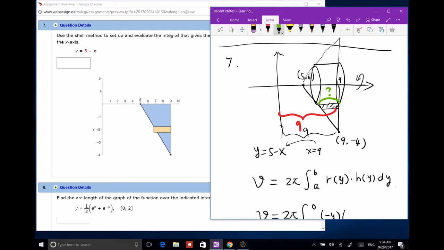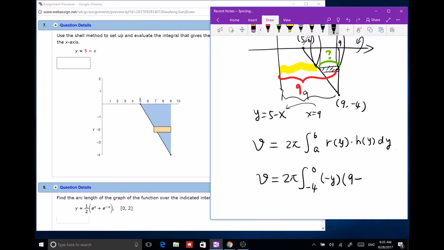Then we have the yellow part, which is your x value from the graph. So we need to use 9 minus the x value. From the graph, we solve x equals 5 minus y, because y equals 5 minus x. So it's 9 minus (5 minus y), dy.